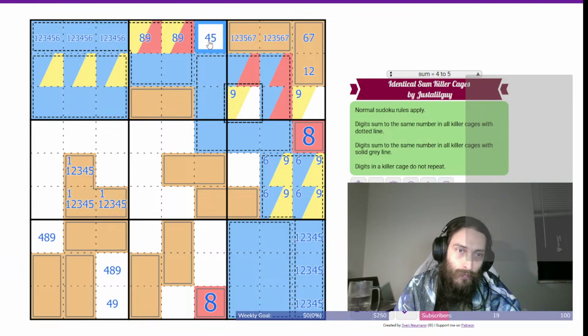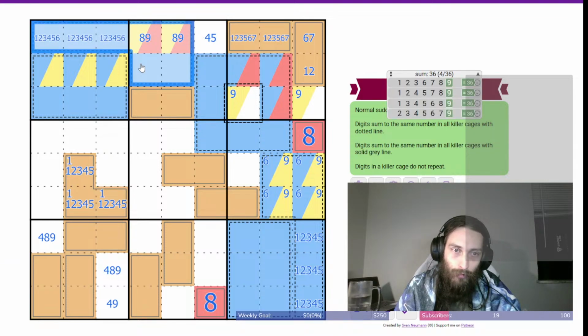If this is 4 or 5, then this cannot have both 4 and 5. So 4 and 5 are not allowed.